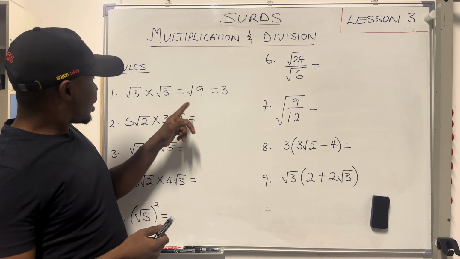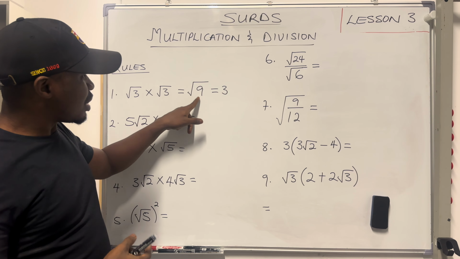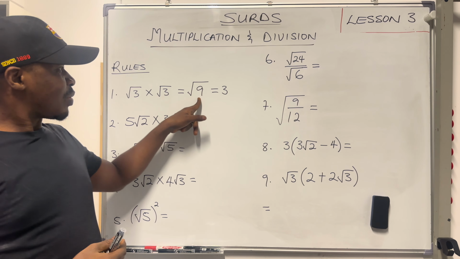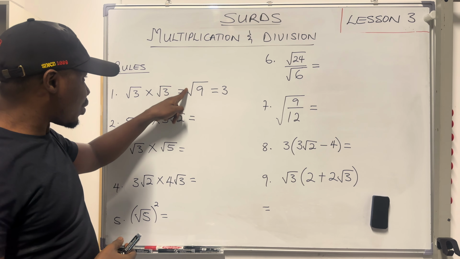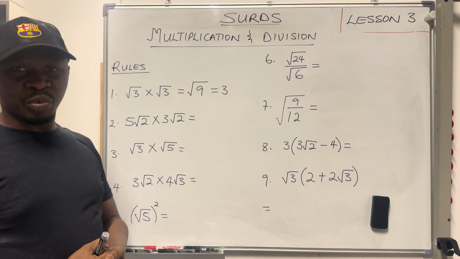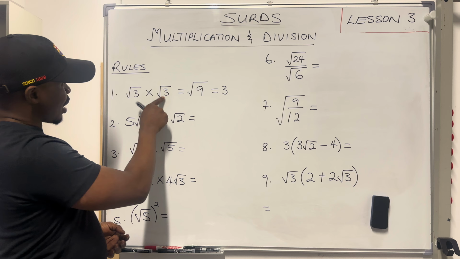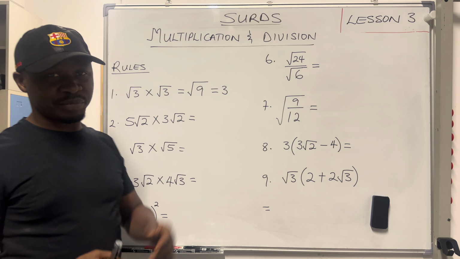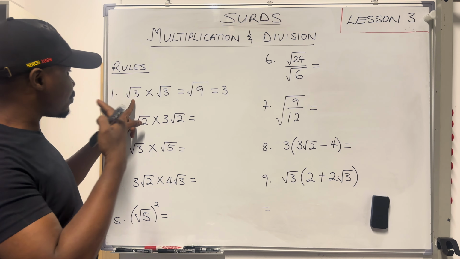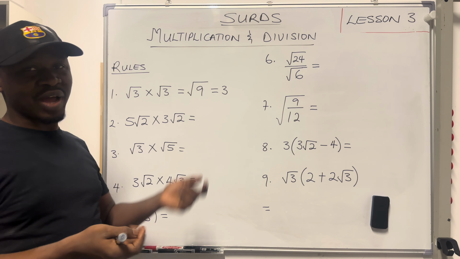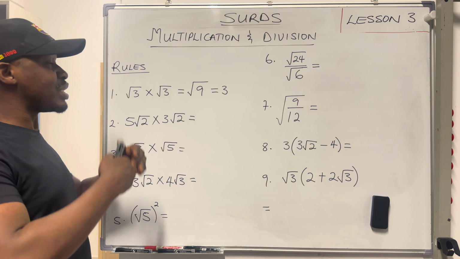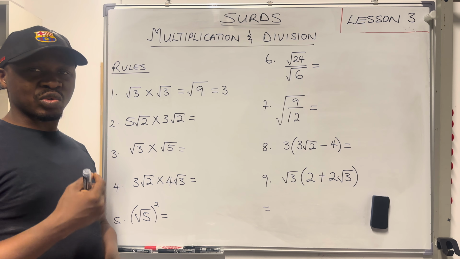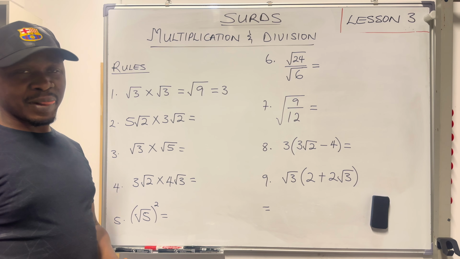So because the same number will always give you a perfect square, we always try to avoid this step. What do we do? When the irrational parts are the same, just forget about the root and just write 3. Meaning, if you have root 5 times root 5, just say 5. No need to say root 25 when you know that the square root of 25 is 5.